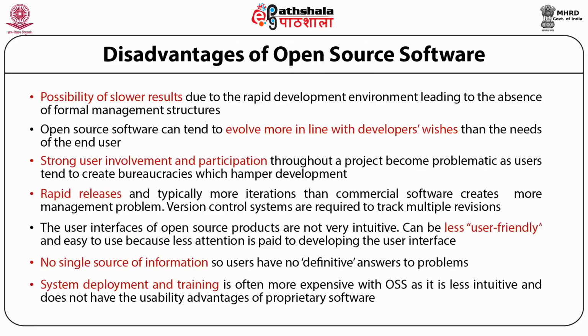And many a time, since developers' focus is on code, the user friendliness is always questioned. And there is no single source of information. There will be so many sites for the same software. And system development and training is more expensive if somebody takes it. That is one more disadvantage.